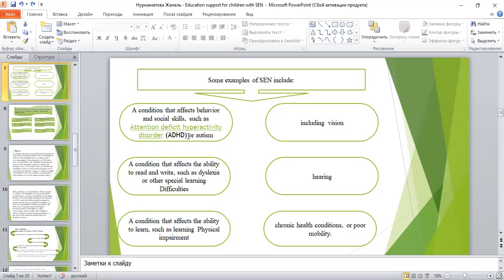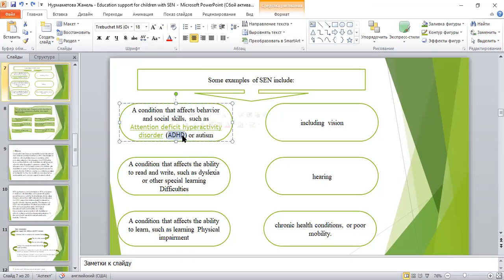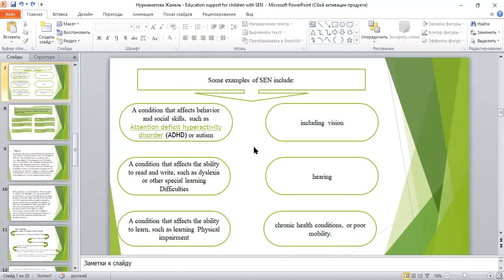We usually say ADHD, yes, as you see here, ADHD, attention deficit hyperactivity disorder, or autism. Autism, yes. And next is a condition that affects the ability to read and write, such as dyslexia or other special learning difficulties.